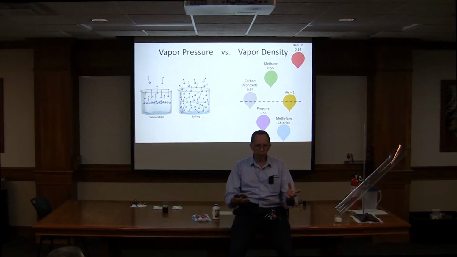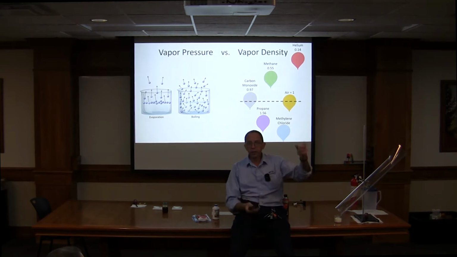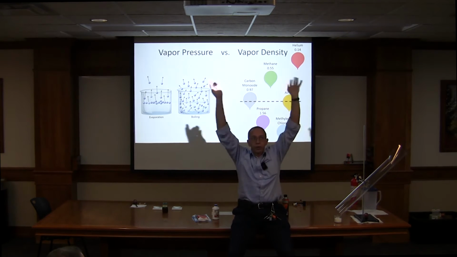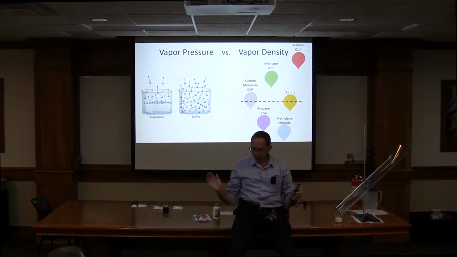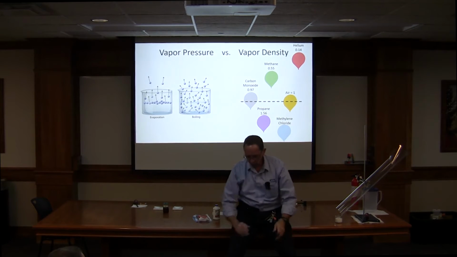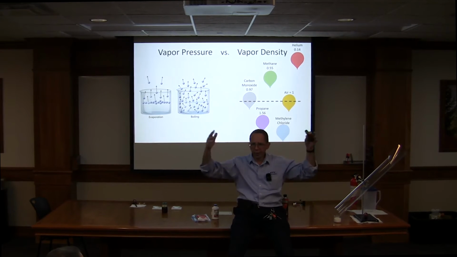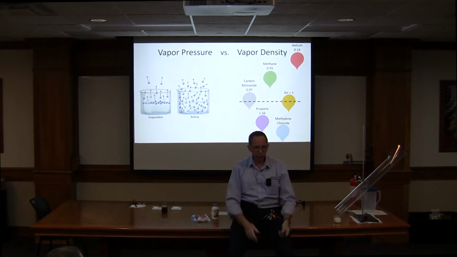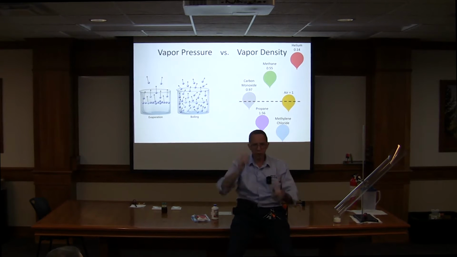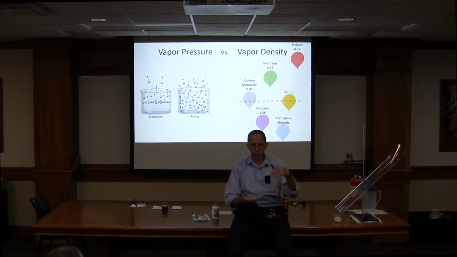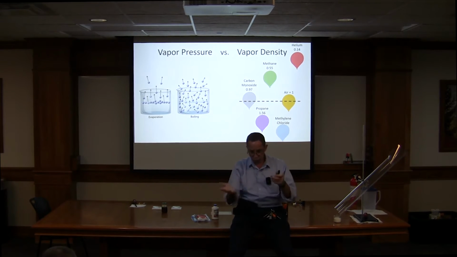The vapors will not, like a helium balloon, go out and up into the atmosphere and disappear. They don't go down and hug the floor to where you're fine unless you're laying on the floor. They just mix in the air. And it just floats there and stays there, and you're continuously breathing it because it's right in your breathing zone. And when the concentration of it gets high enough, boom, it takes you out.